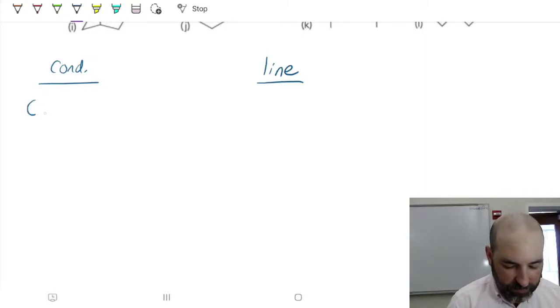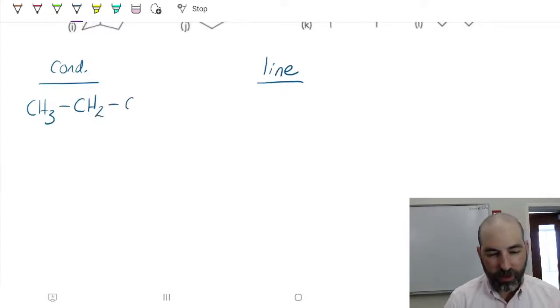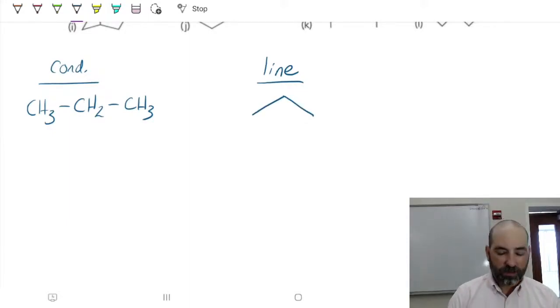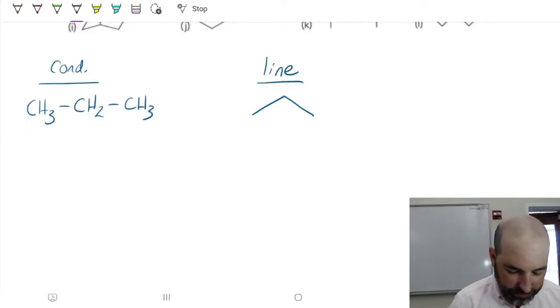A condensed structure of C3H8 might look like this. And I'm going to draw the lines in between so that you see the connections. So CH3, CH2, CH3. The line structure for that would look like this. And I'll explain it in a minute. Let's just look at some examples first.